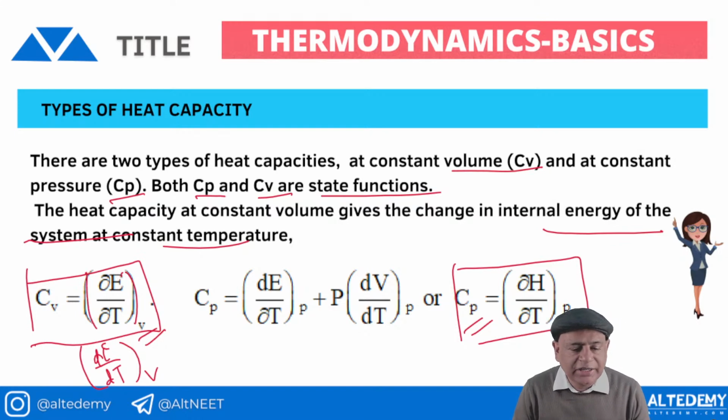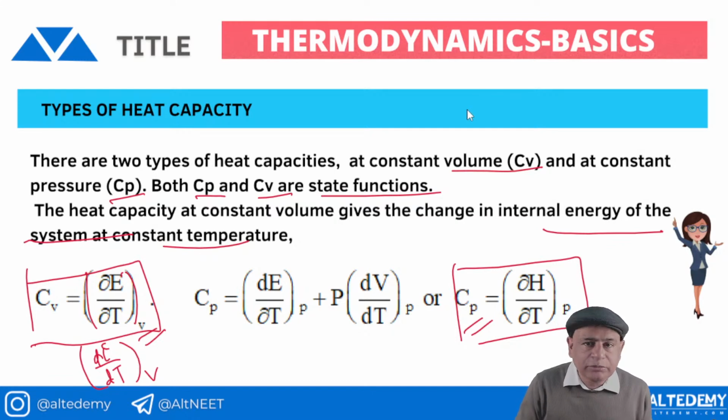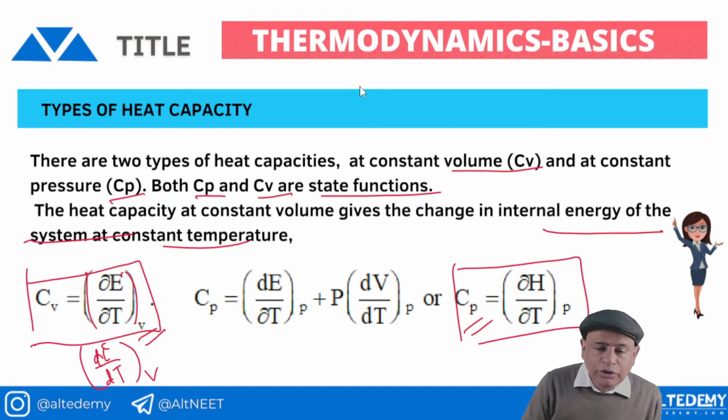Del E by del T at constant V. Those of you who want to study thermodynamics at a higher level, please study this part of mathematics called partial derivatives and make yourself familiar with this area. Then you will be in a position to solve these questions very effectively.